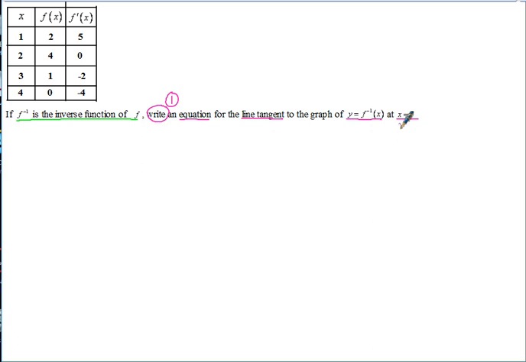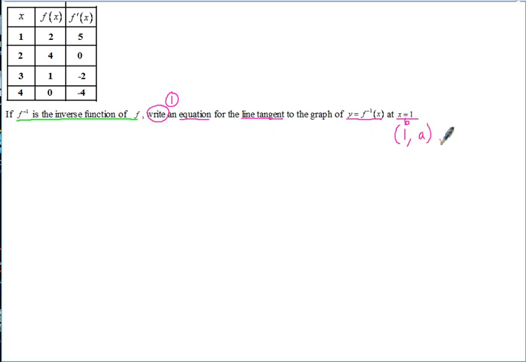So remember, what are the two things we need for the tangent line? Well, we need the point of tangency and the slope, right? But this time the point of tangency and slope are for the inverse rather than for the original function. So let's start with the fact that we know the x-coordinate of our point of tangency, 1. So that's our b value.